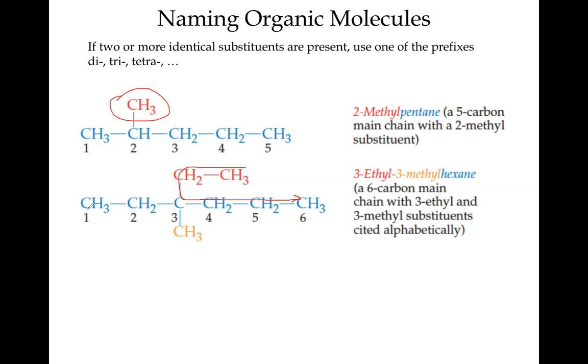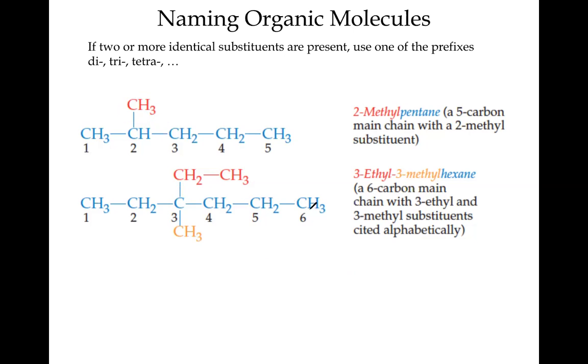If we number it straight across, then the third carbon is what's getting the substituents. But if we number it this way, it's still going to be the third carbon. So both of those ways will work.